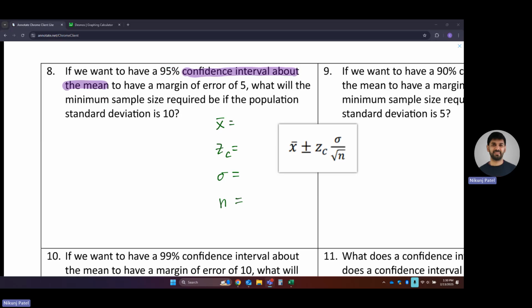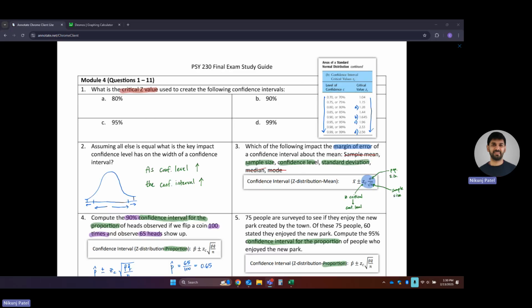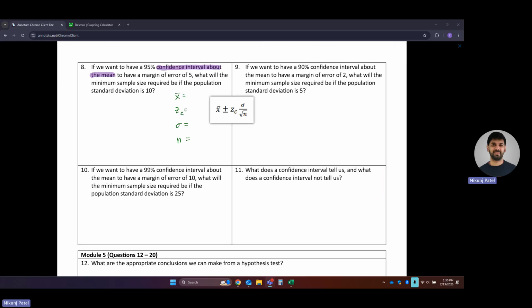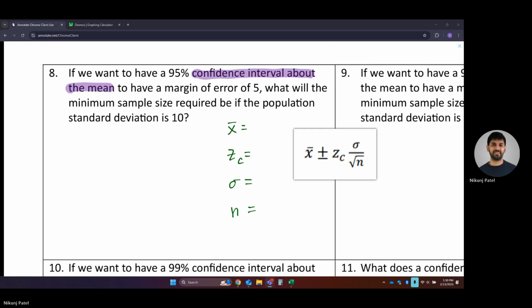And looking back at our table, 95% goes with 1.96. So I can fill that in for Z critical, 1.96. We also have 10 as the standard deviation. So there's 10. And it looks like we have this number right here, margin of error of 5.